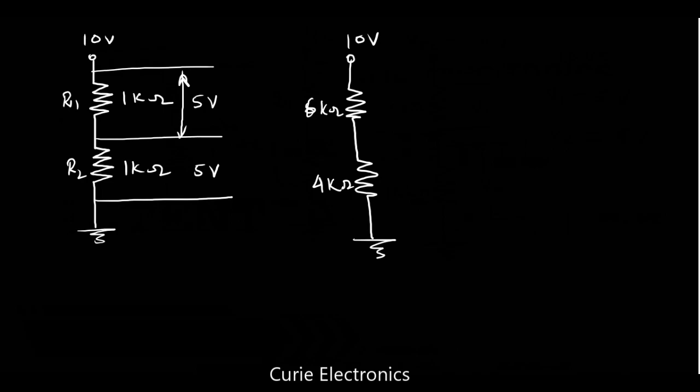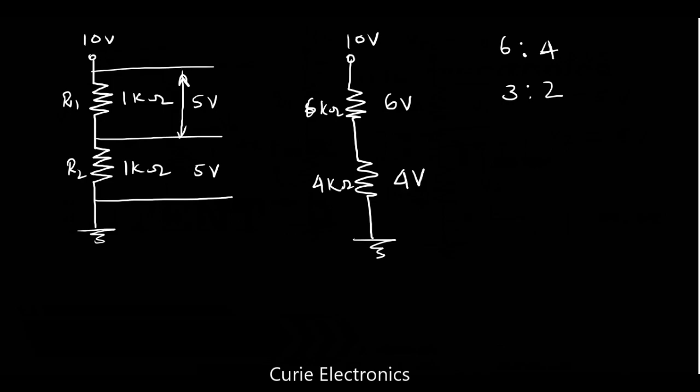This is actually in the proportion of 6:4. If we observe carefully, this 6:4 can be written as 3:2. That means if 6 volt is going to drop here, then we are going to get 4 volt here.